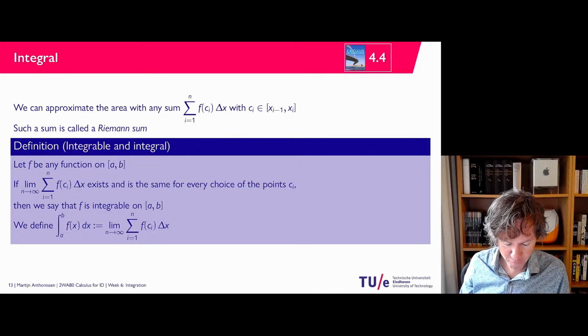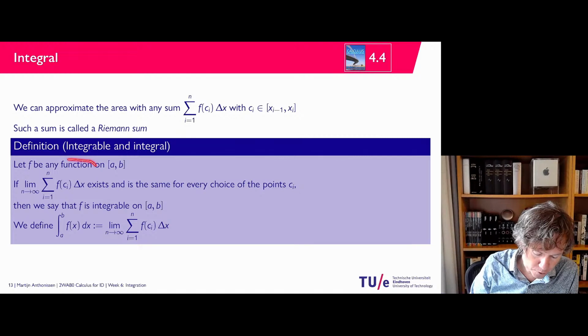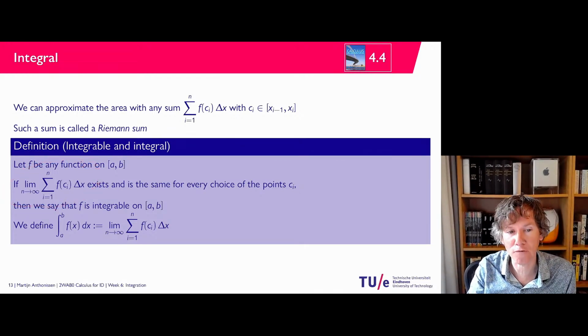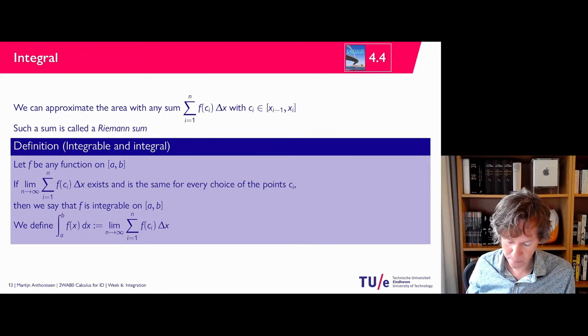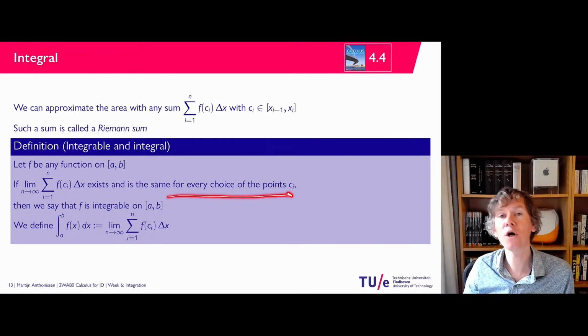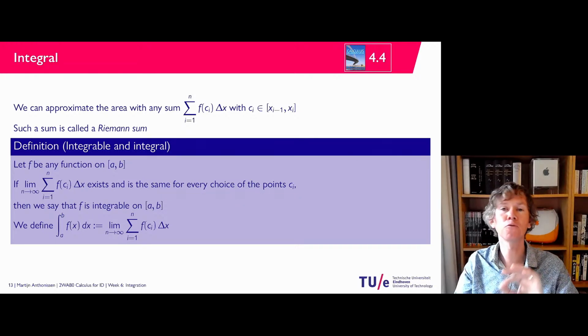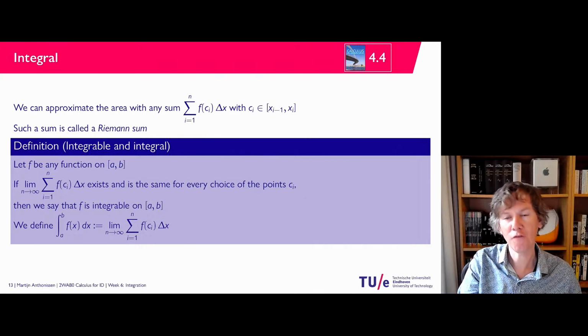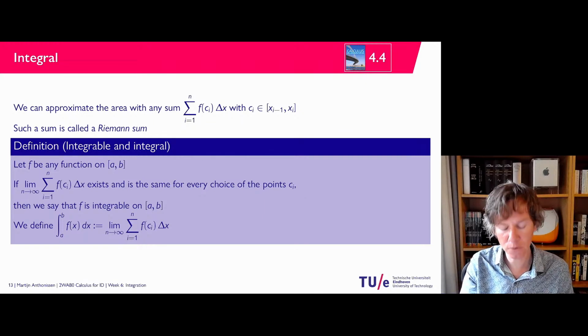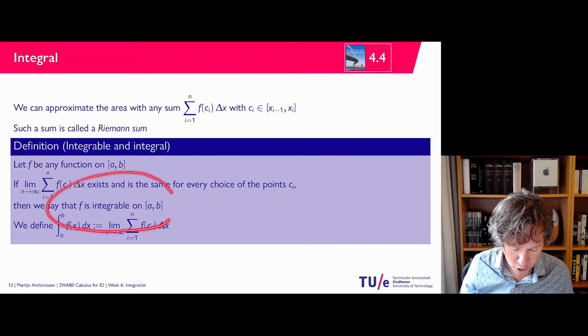And if you can let n go to infinity, and you find that the limit of the approximation goes to some value for every choice of the points ci, so whether you take the left points, the right points, the midpoint, another point, if you always find the same value, then we call the function integrable.